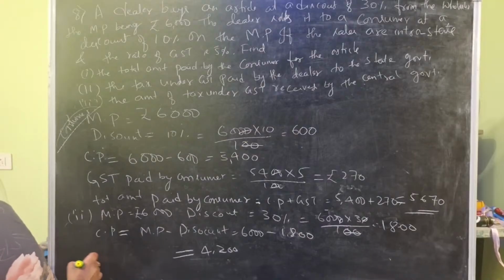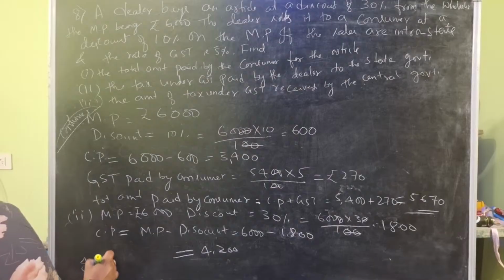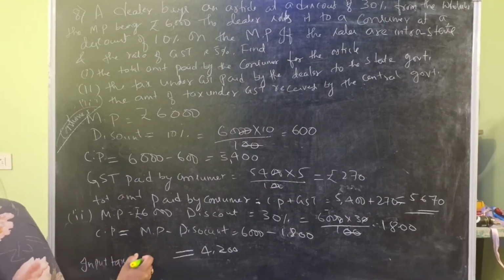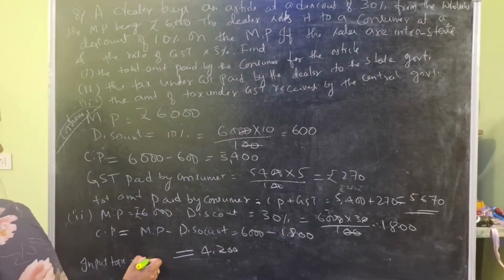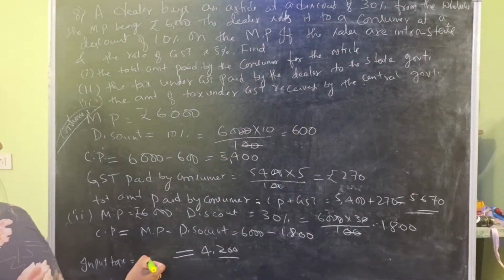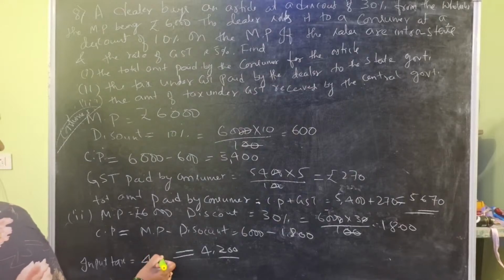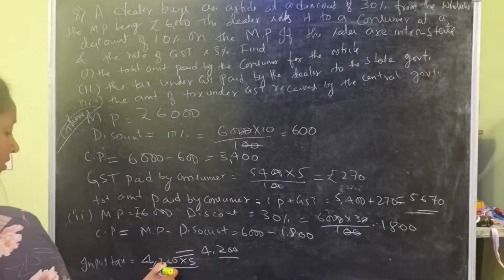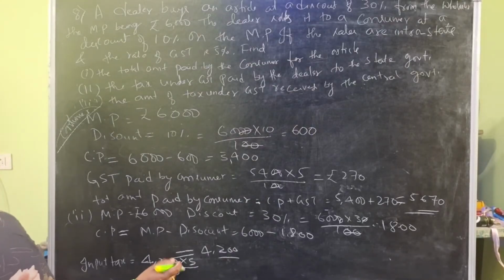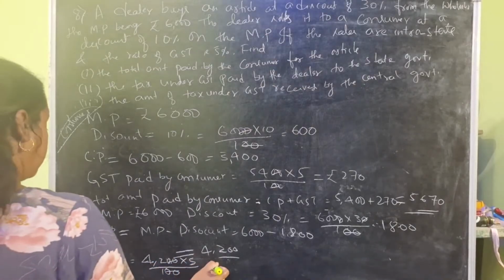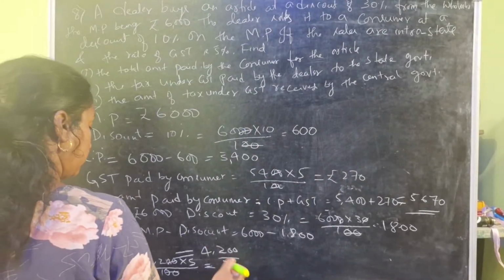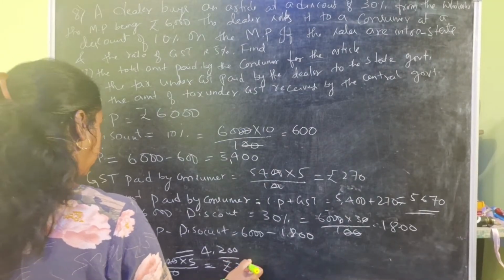And here input tax is equal to 5% of 4,200, that is 4,200 into 5 divided by 100. So it is equal to rupees 210.